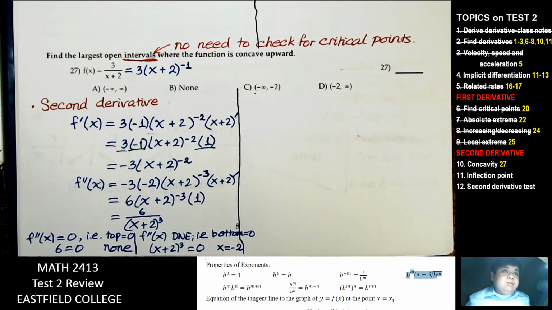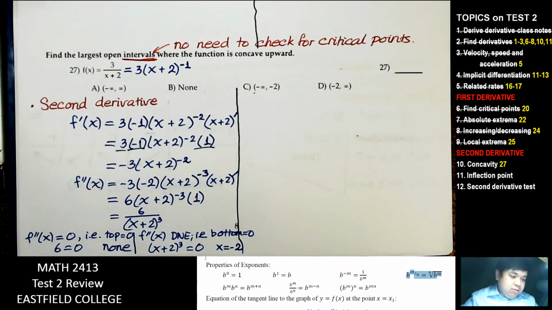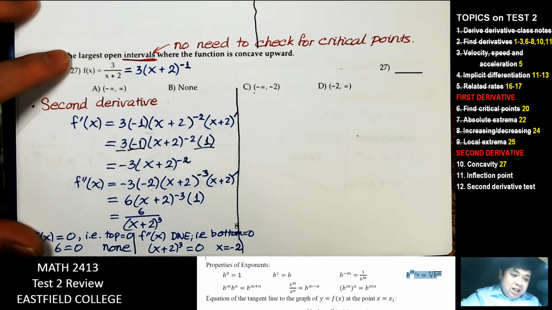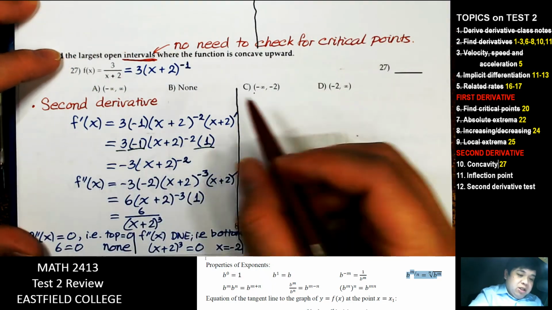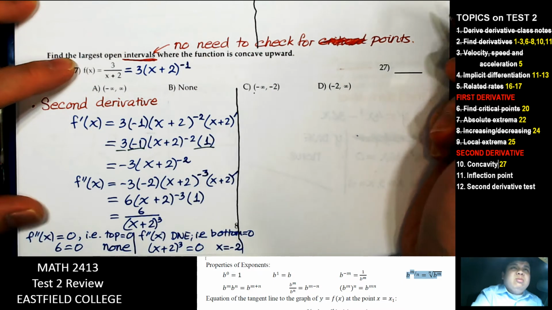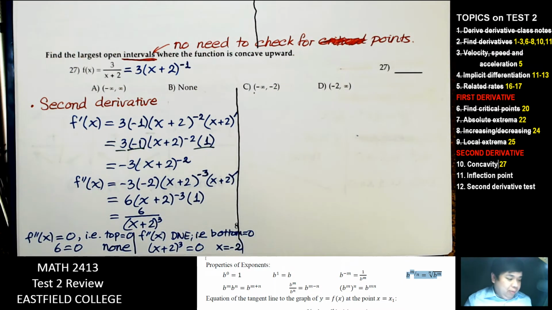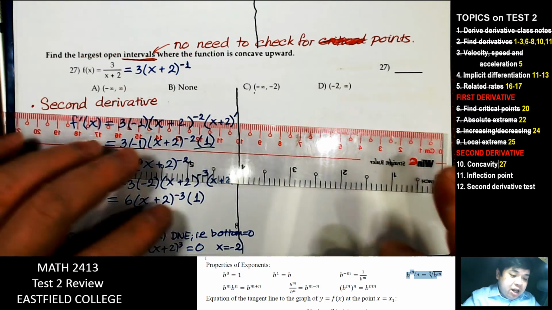No need to check for the critical points. And I should not say critical point because this is from the second derivative. So it's not critical points, it's just points. Potentially it could be an inflection point, but that's not the question.